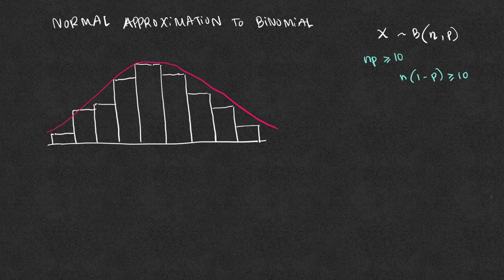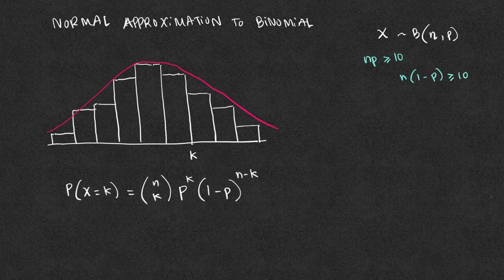So we pick one and just label it k for now. If we're looking for the probability of x equals k using the binomial distribution, then this is n choose k, where n is the number of trials total, times the probability of success raised to the k power, times the probability of failure, 1 minus p, raised to the remaining n minus k.